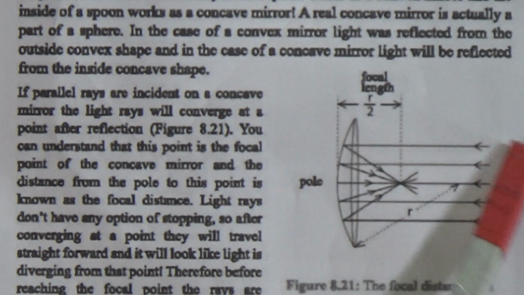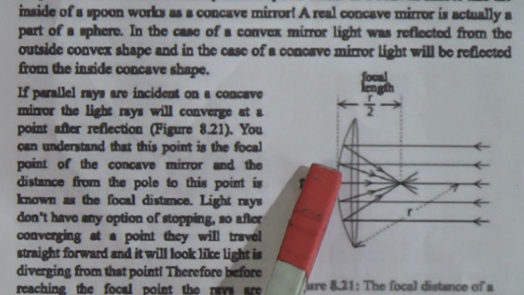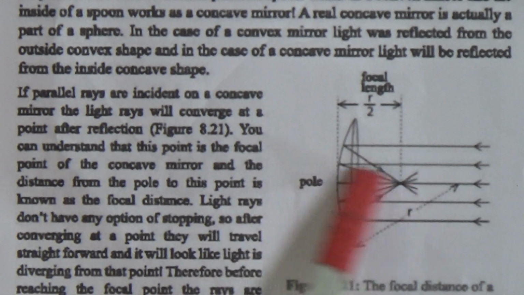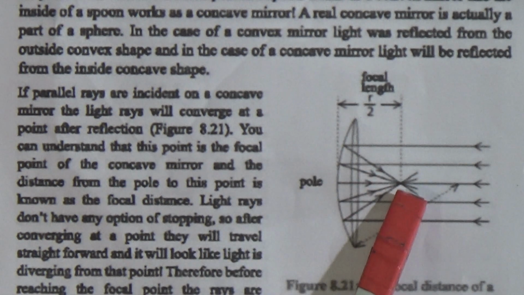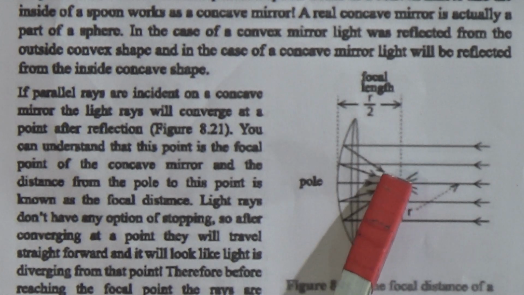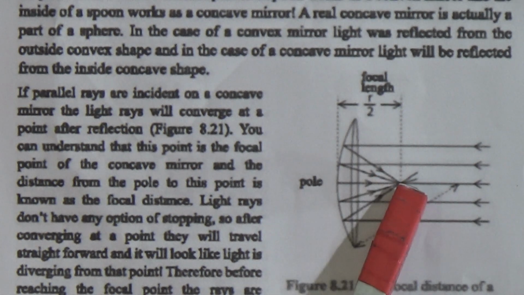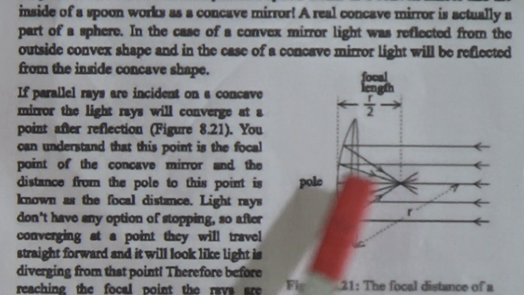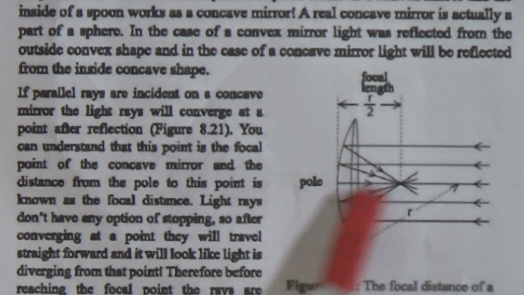So, if parallel light rays are incident on a concave mirror, the light rays will converge at a point after reflection, and you can understand that this point is the focal point of the concave mirror, and the distance from the pole to this point is known as the focal distance.